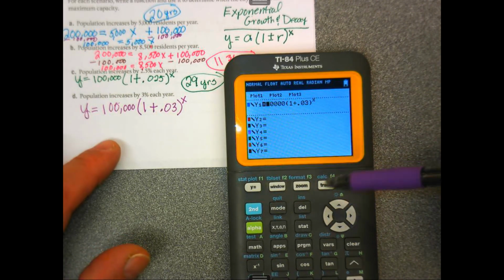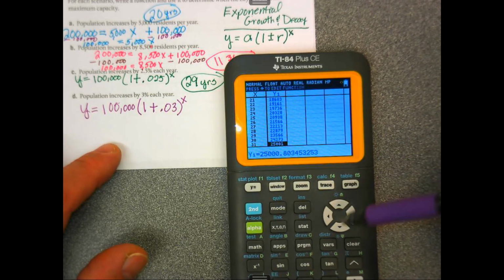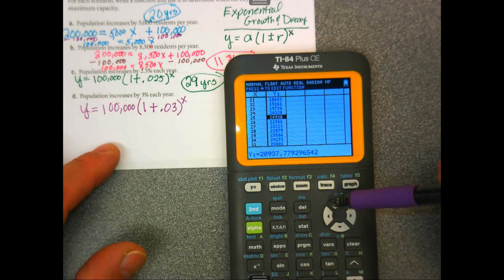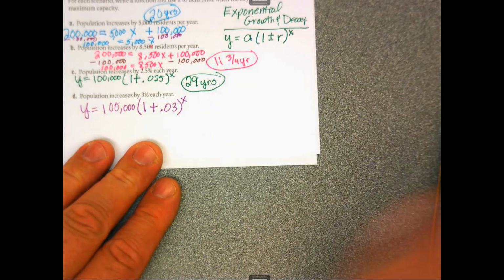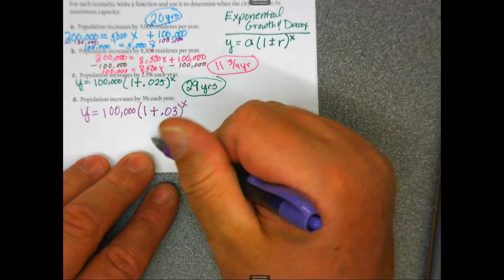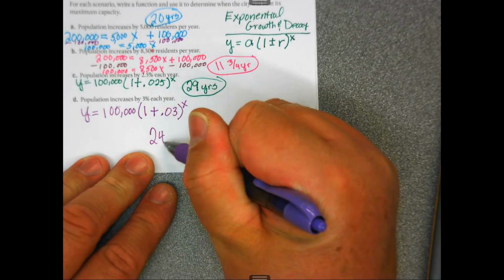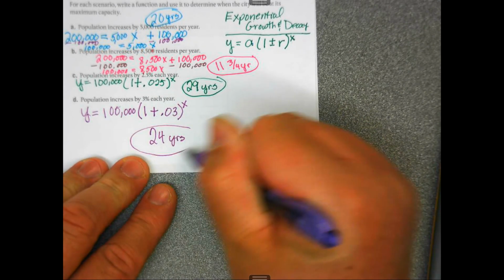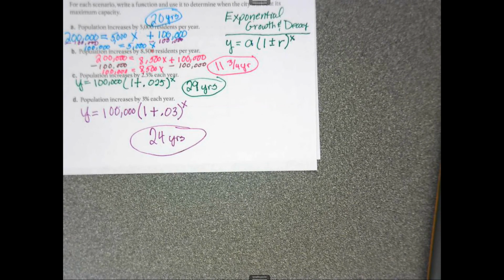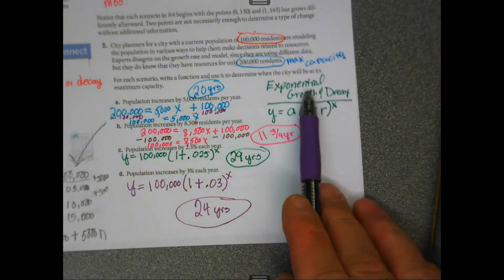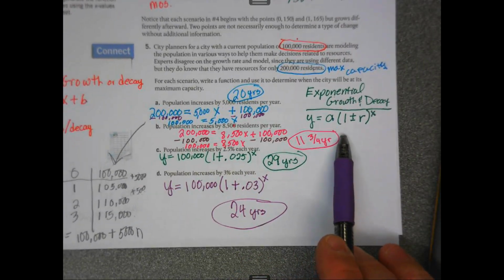So I'm off at 0. So instead of 20,000 or 200,000, I'm going to look for 200,000. So right there, 24 years. Much easier to do it with the exponential growth and decay formula.